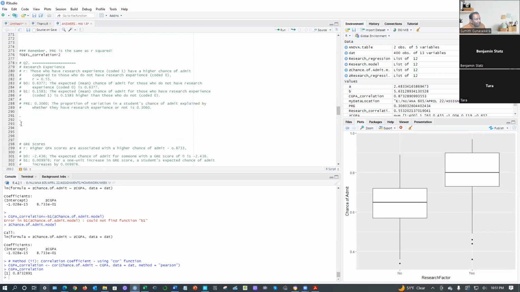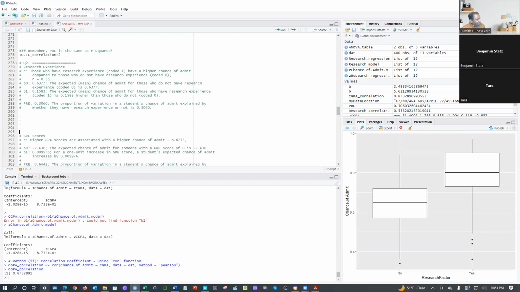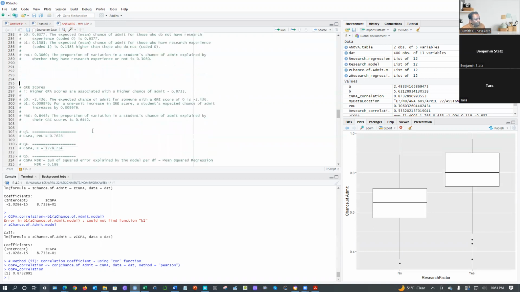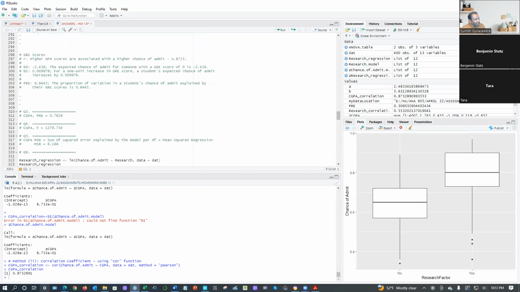So you can do it for the research experience. Then you can do this, the other one for undergraduate CGPA. Same way you can write it down. And later on you can write it down even for the TOEFL scores. Can do the same.